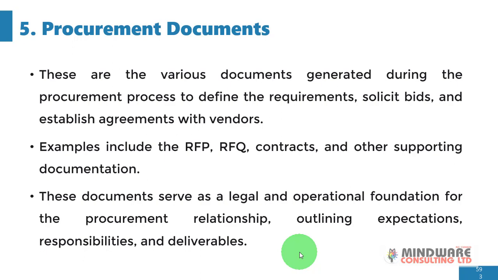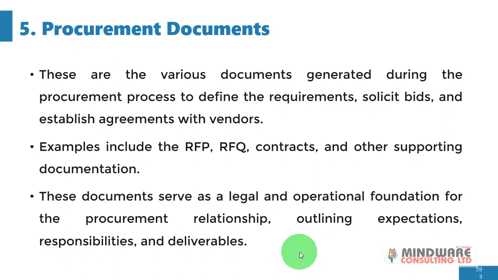Let it be part of your procurement documents, and have everything in a folder. Have your documents in a folder and ensure that the folder is well labeled for this particular project.